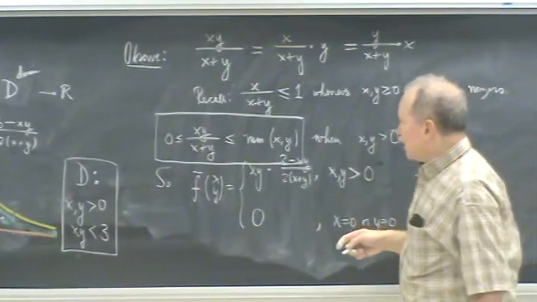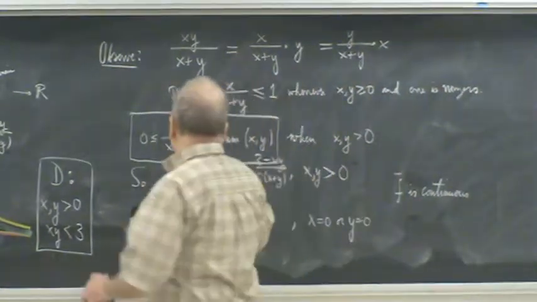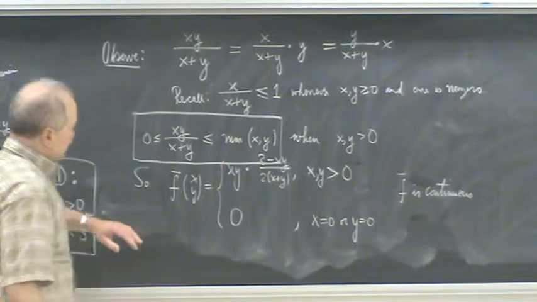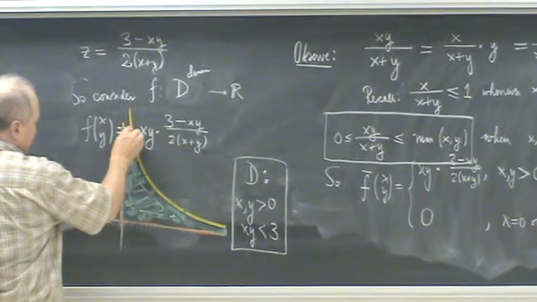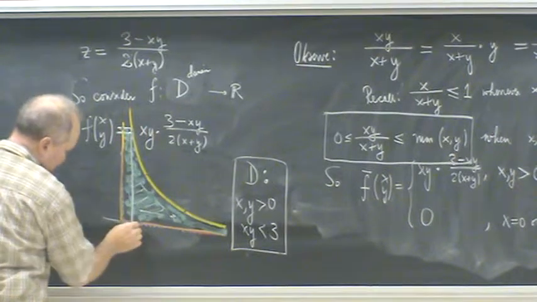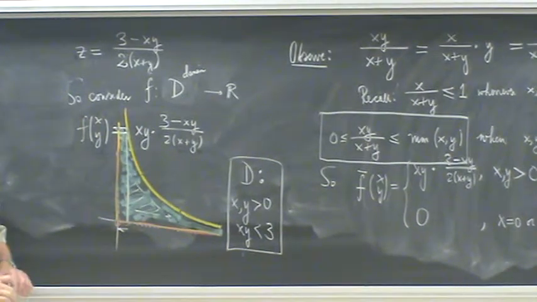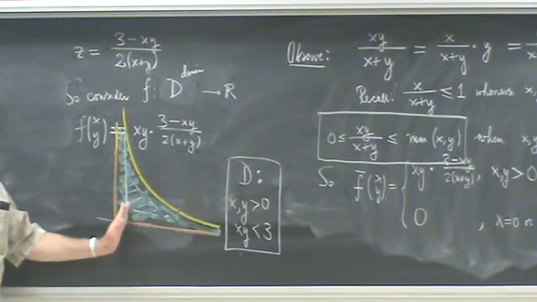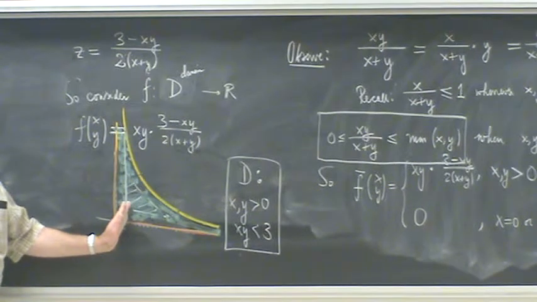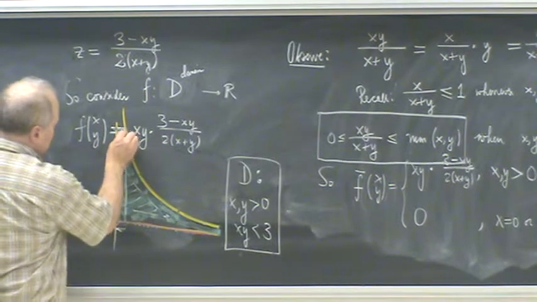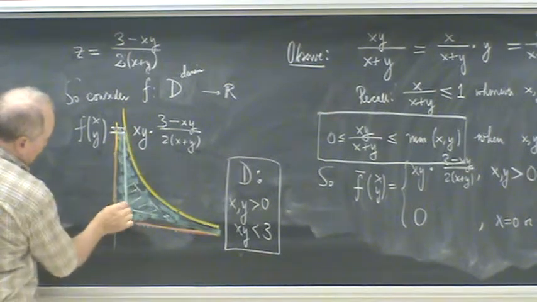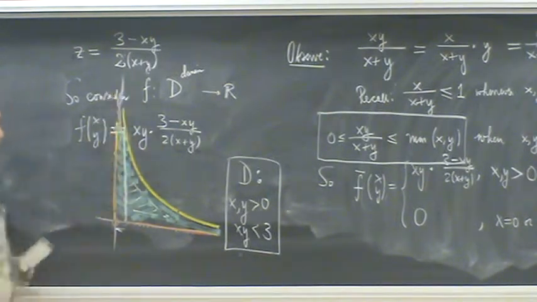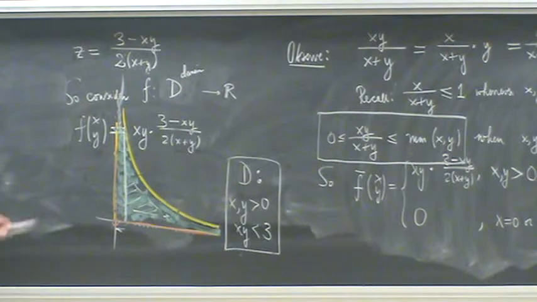I want to use this observation. This tells me that if I make x small enough, if x is less than, say, a half, so everywhere to the left of x equals a half, all the way up there, what's the biggest the function can be?